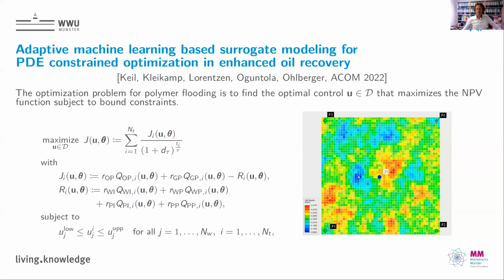And the parameters that you have are somehow the injection rates here and the production rates here, and they contribute to the overall cost functional. In this cost functional, J, you have components here with a plus sign. So this is something where you gain money. This is, for instance, the oil that you pump out of these production wells.